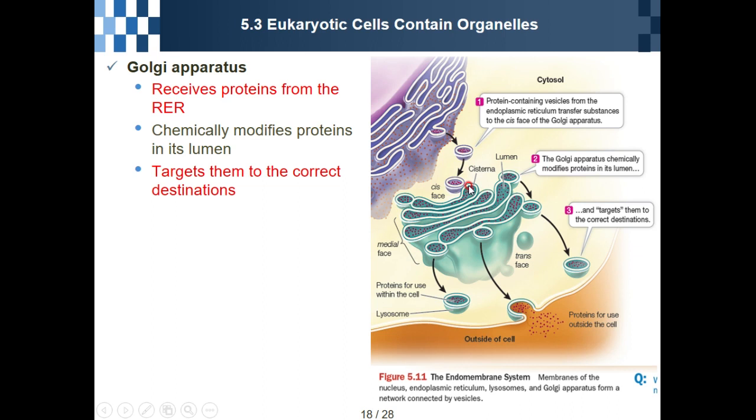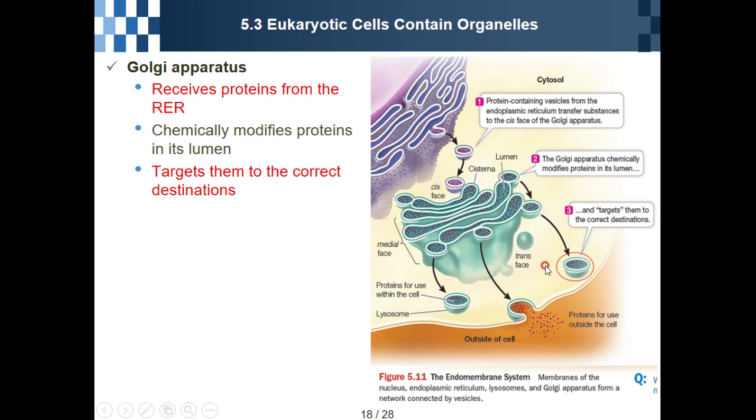After that, this is the Golgi complex. They have the lumen, so they can chemically modify the protein in its lumen. After that, finally, they can target the proteins to the correct destination.